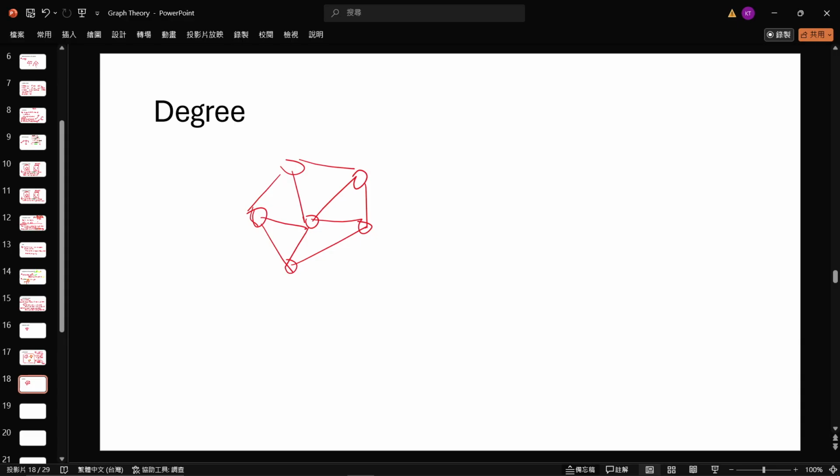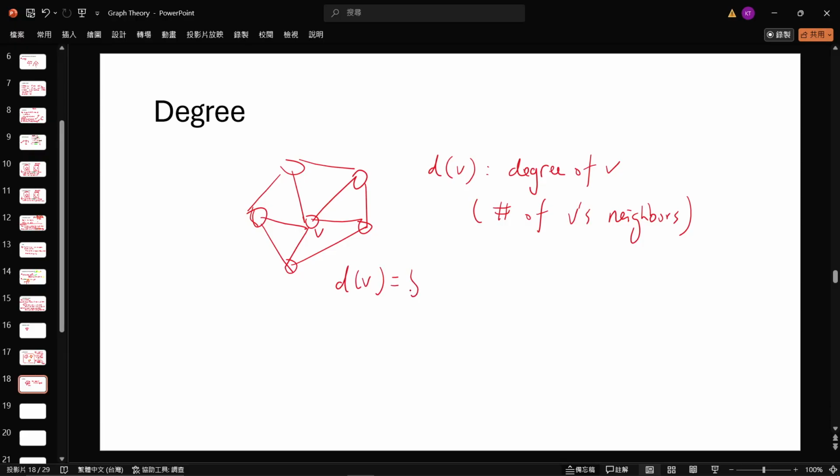For this vertex, which we'll call V, there are 5 neighbors, so we write d(V), the degree of V. Here d(V) is 5.